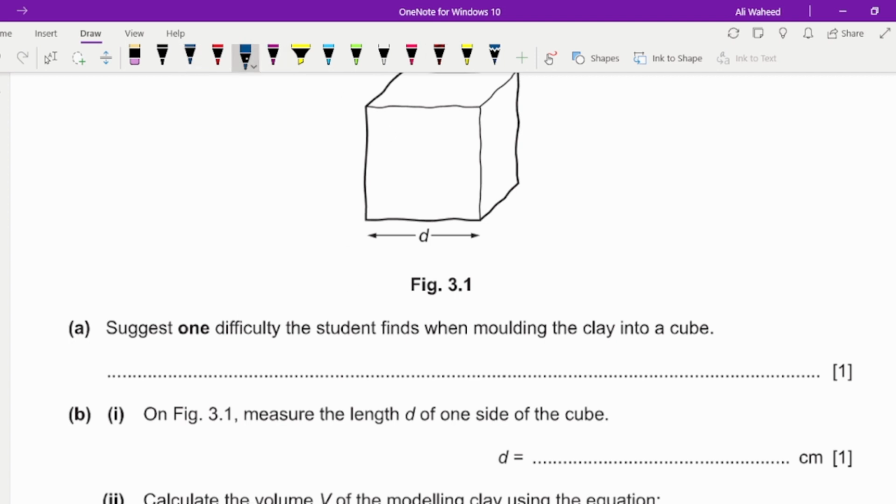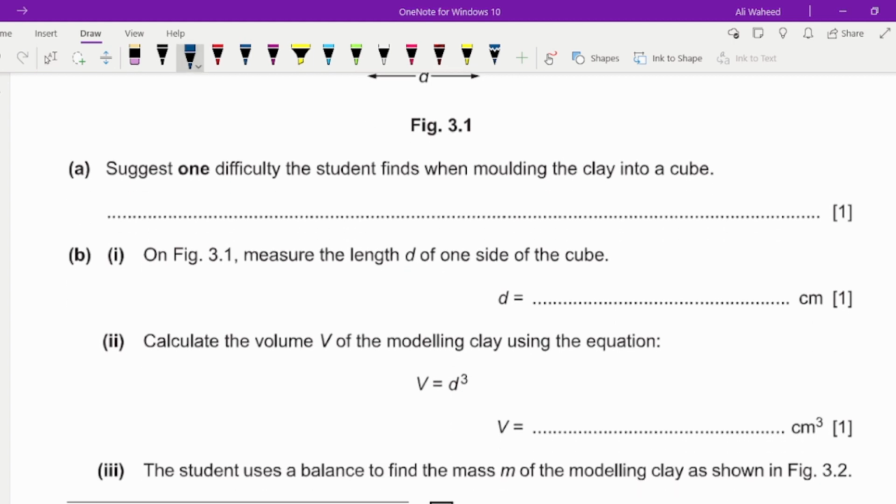For the cube, he has to make it a 3D shape, kind of a box, and all the sides must have the same length, the same dimension. So when we are working with modeling clay, one of the difficulties is exactly that. It would be difficult for him to ensure that all the sides have the same length.